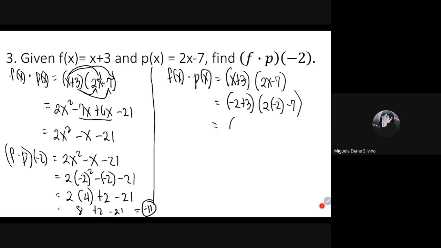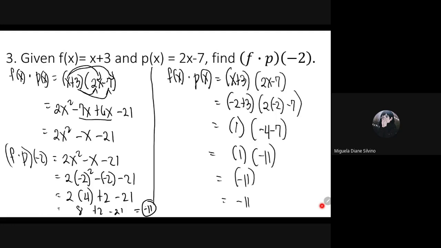Negative 2 plus 3, that is 1. This will be negative 4 minus 7. So negative 4 minus 7 is negative 11. The same lang din dito sa kabila. So kung saan ang mas magaan sa inyo, you go for that method. Very good. Parang marami nakakuha ng tamang sagot.